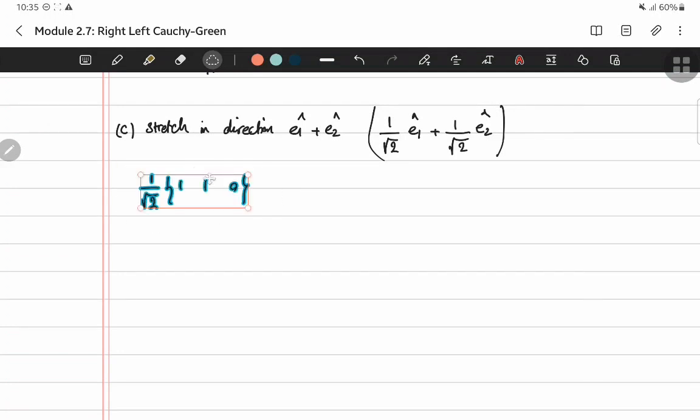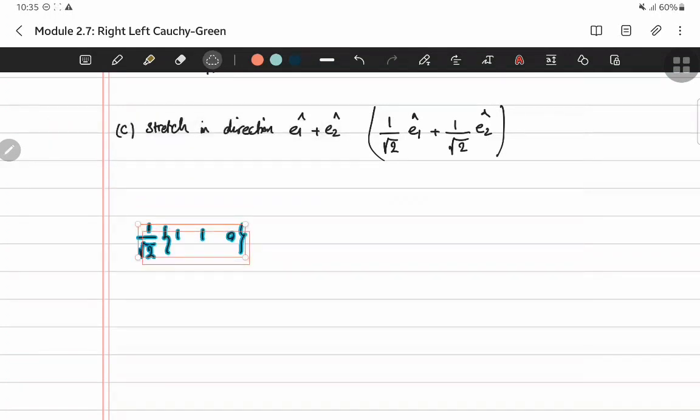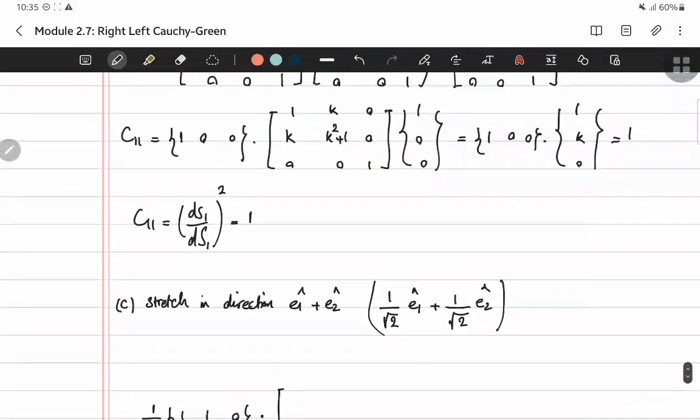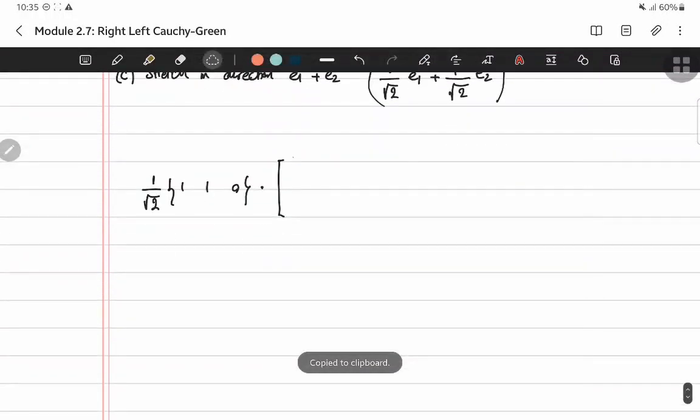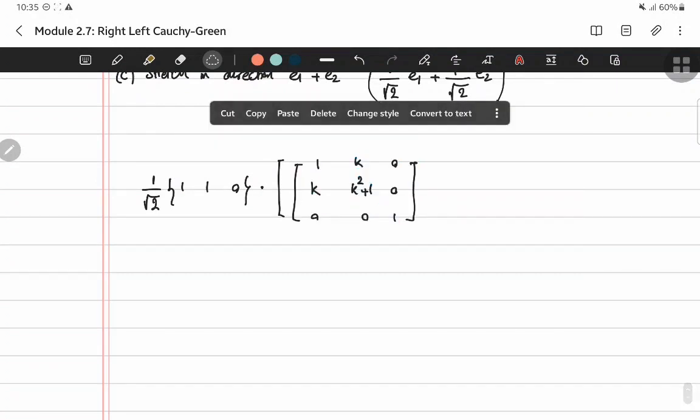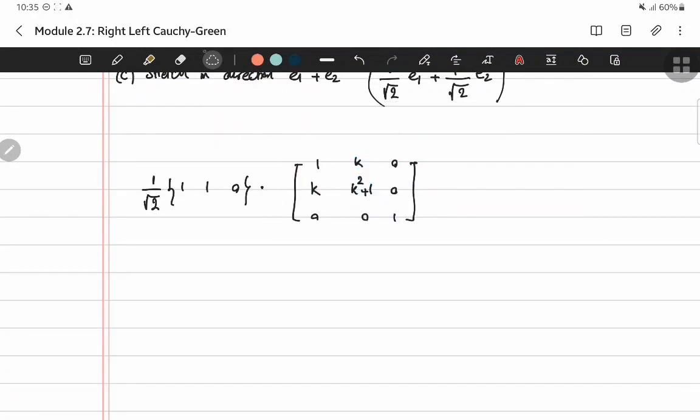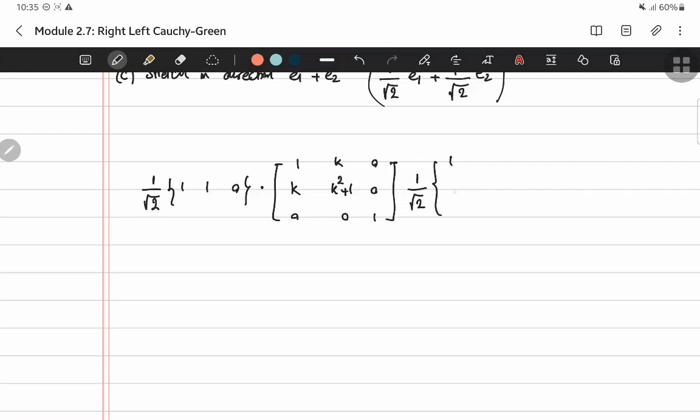then I have dots and I have the C tensor. So copy and then paste it in here. And then I have 1 divided by square root of 2, 1, 1, 0.